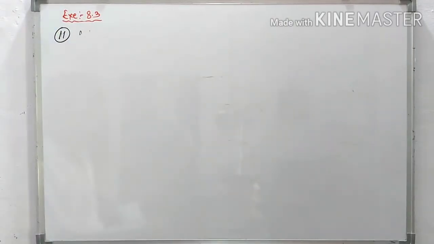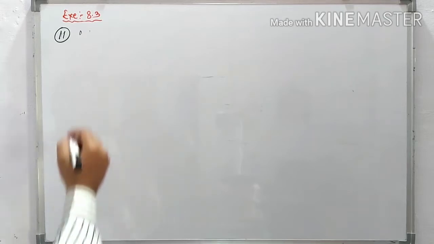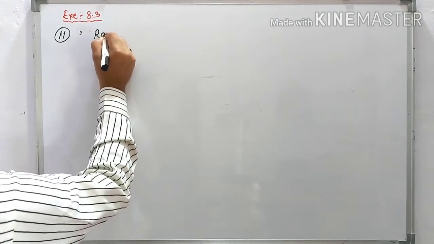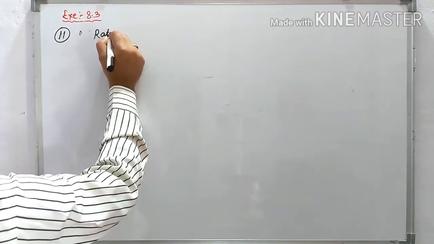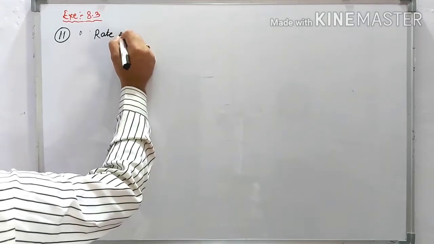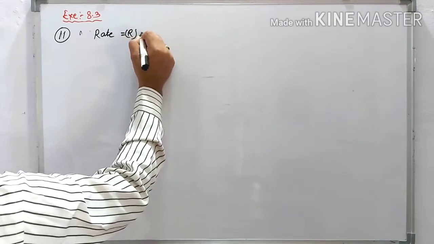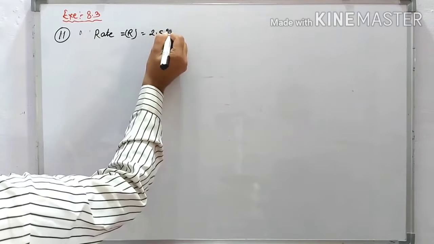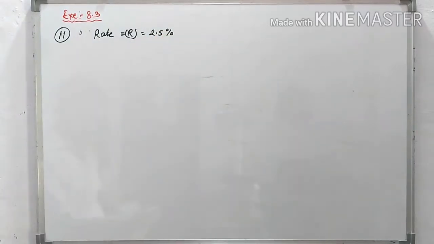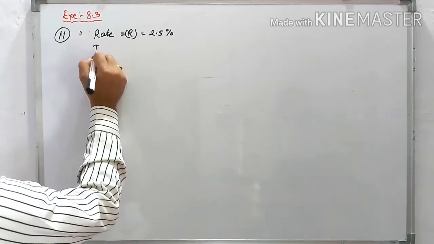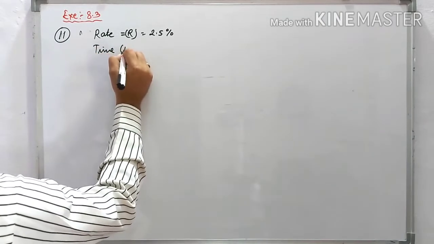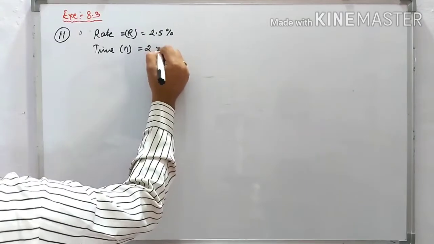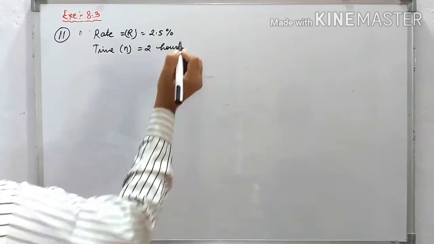This is question number 11. In a laboratory experiment, the count of bacteria increases at the rate of 2.5%, so the rate R is 2.5%. We need to find the bacteria at the end of 2 hours, so the time n is 2 hours.